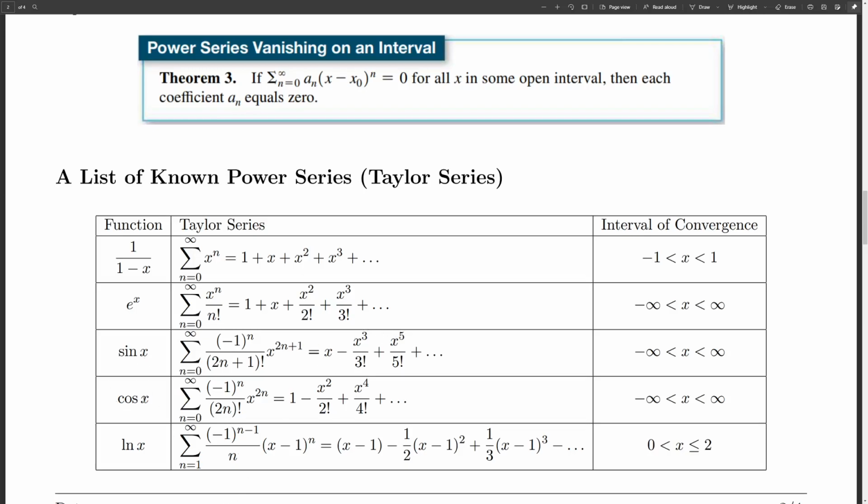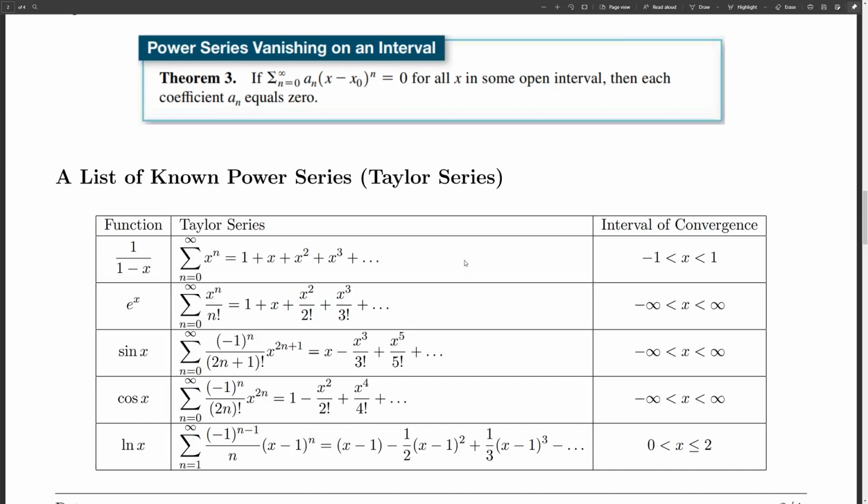The power series of the cosine is the sum from n equals 0 to infinity, and then each term is of the form -1 to the power n over 2n factorial times x to the power 2n. And what you see with the cosine function here, it only has even powers of x. And then finally, in this list, the power series for the natural log of x is the sum of -1 to the power n minus 1 over n times x minus 1 to the power n.